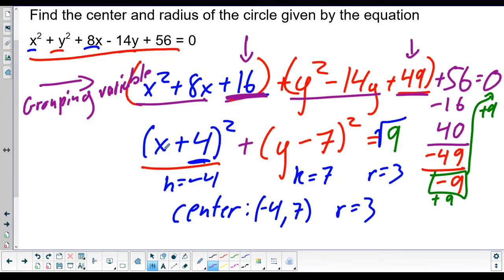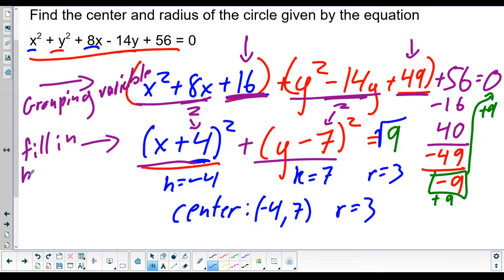All right. Then you want to factor this kind of already knowing what you want the answer to be. So all you have to do is divide by 2 to get that number. Divide by 2 to get that number, and then we have our binomials filled in. So this is fill in binomials by dividing by 2.